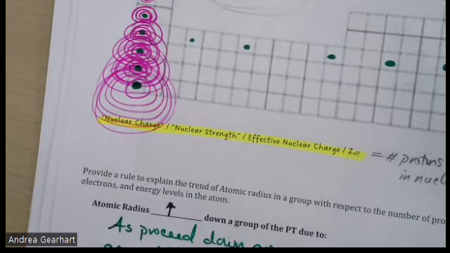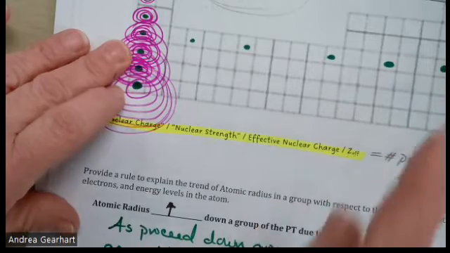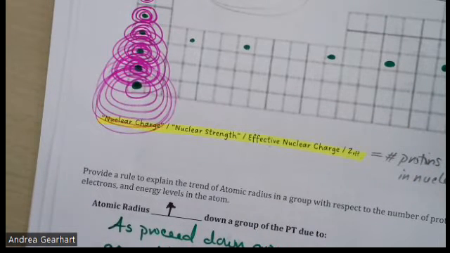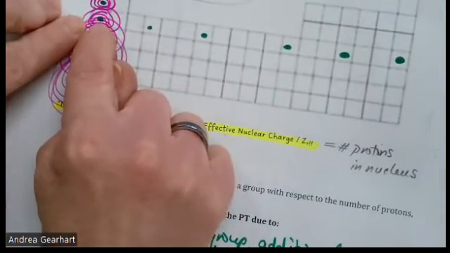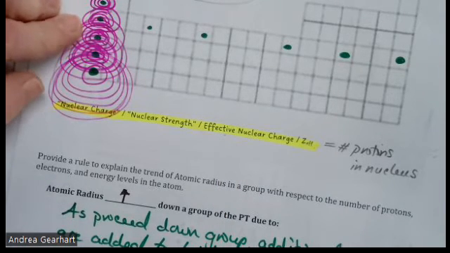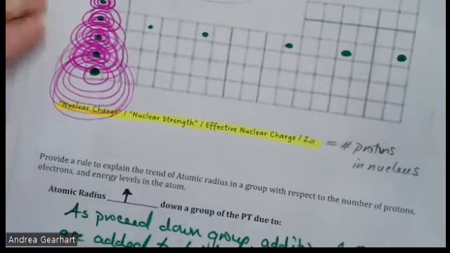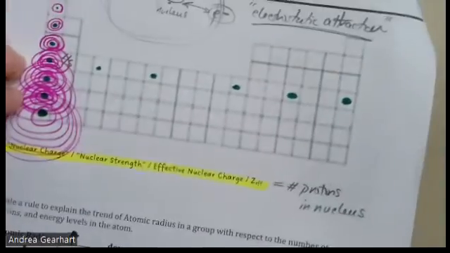But then what's happening across the same period? So if we look at potassium over to krypton, potassium is in 4s. So 4 energy levels. After 4s with scandium, where do we put electrons? So this is the 4s.